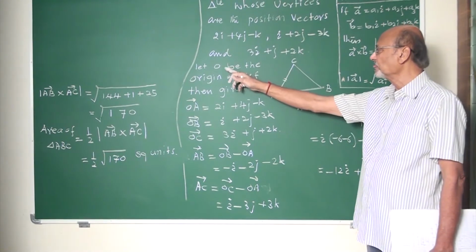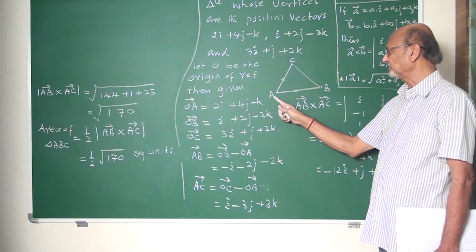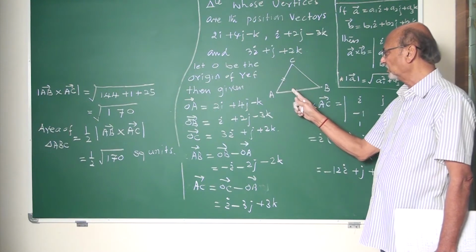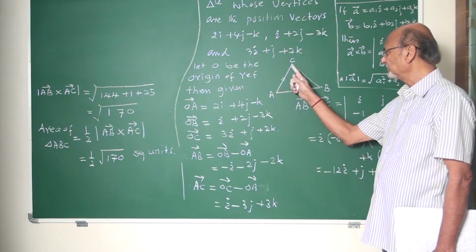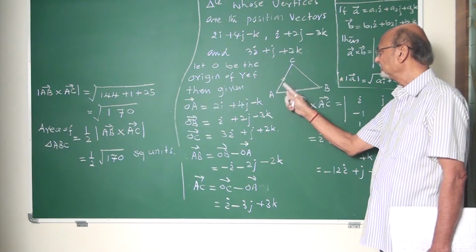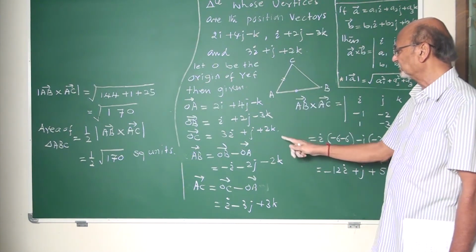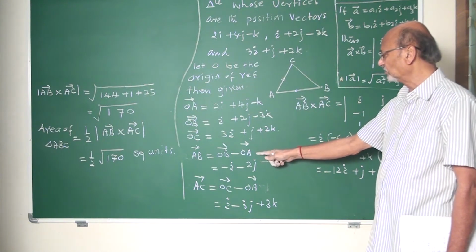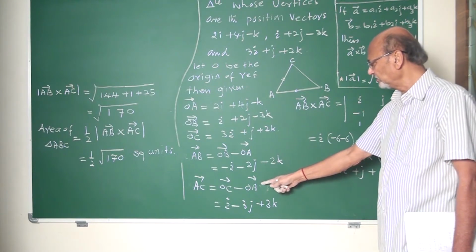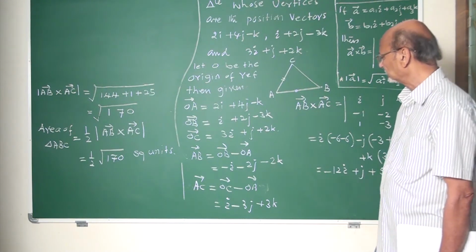Therefore, if O be the origin of reference, position vector of the vertex A is this, vertex B, vertex C. Either you can take AB, AC, or BA, BC, or CA, CB, any one pair of adjacent sides. Take AB and AC. AB, again by the result, OB minus OA. This AC, OC minus OA, simplification. Then you find the factor.